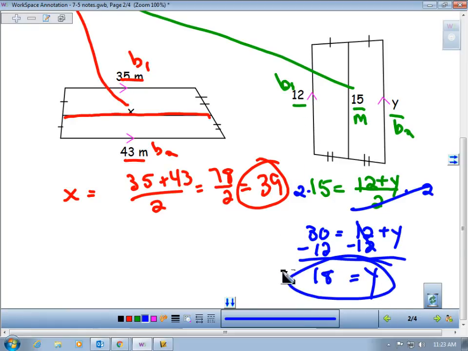What's 18 plus 12? 30, right? What's 30 divided by 2? 15. Yeah, that's what the median was. Good. Okay, this actually has some cool applications, which you'll talk about in your assignment today, but they draw a picture for you too, so it's pretty clear.